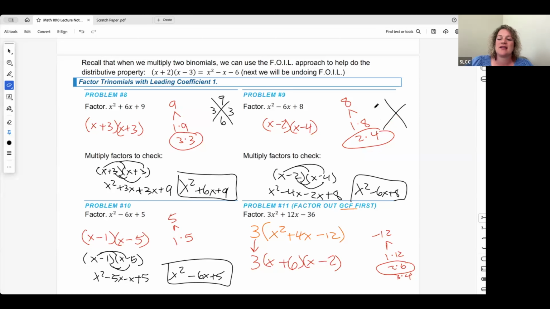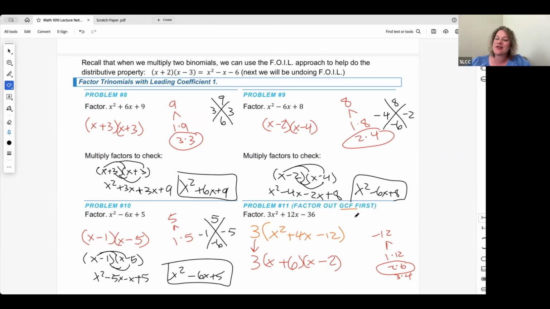I start with AC, which is 8, B is negative 6, what multiplies to give you 8 and adds to give you negative 6? Negative 4 and negative 2. And same thing on number 10. AC is 5 and B is negative 6. How do I multiply to get 5? Negative 1 times negative 5 and add to give you negative 6.